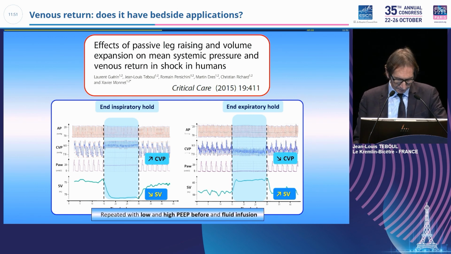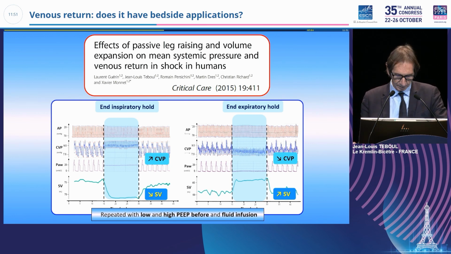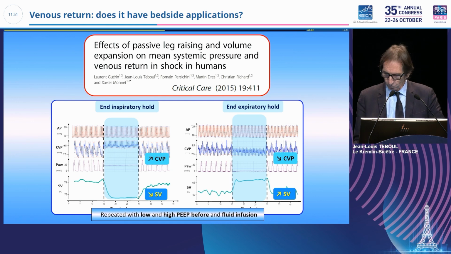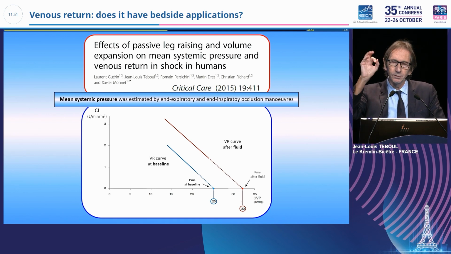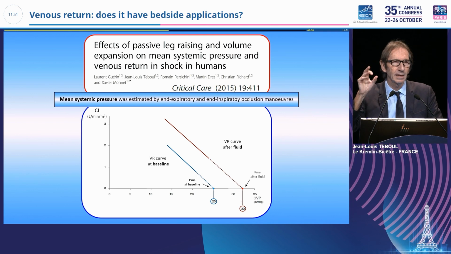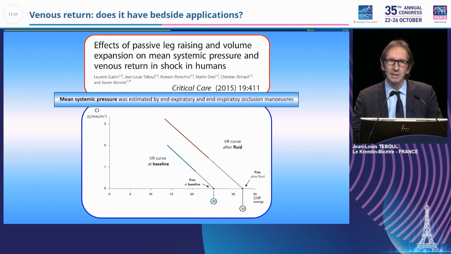So if we repeat this with low PEEP level and high PEEP level before and after fluid infusion, we should have some different couples of values, and we could reconstruct a venous return curve, and we could extrapolate the regression line to zero flow to estimate the mean systemic pressure.